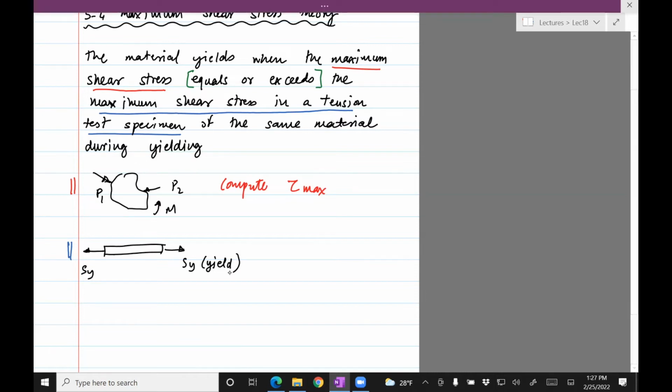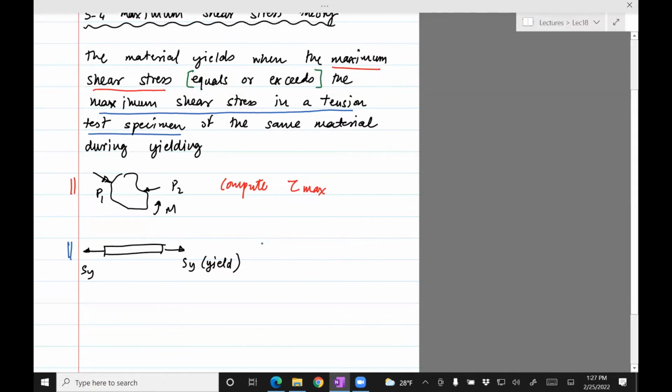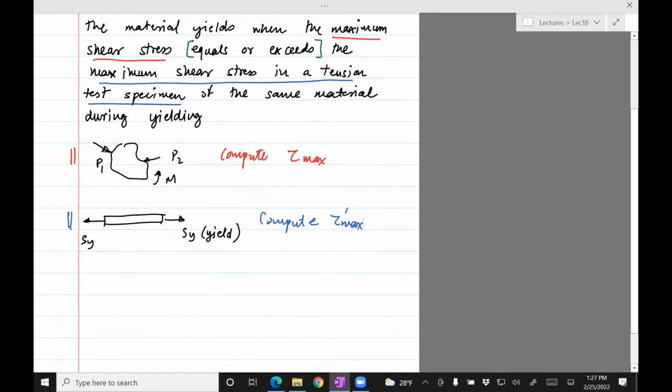Now we'll compute the maximum shear stress in this case. The normal stress is Sy. Compute tau max prime.